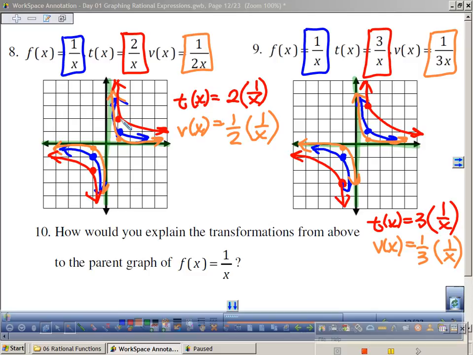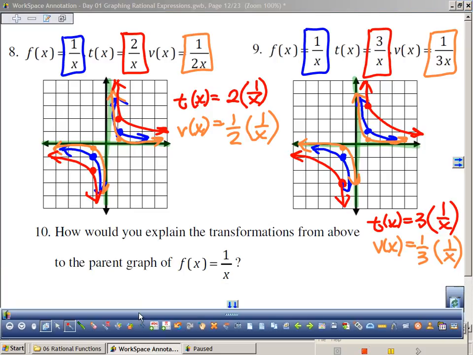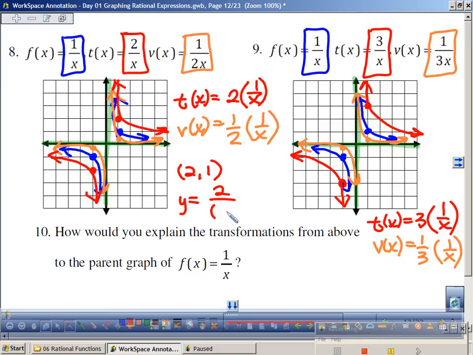So if the reference point on this one is 2, 1, the red graph here, I could check it by plugging it into this graph, substituting it back in. So y equals 2 over x. What's x in this ordered pair? 2. Is 2 divided by 2 1? So is that the reference point? Yes.